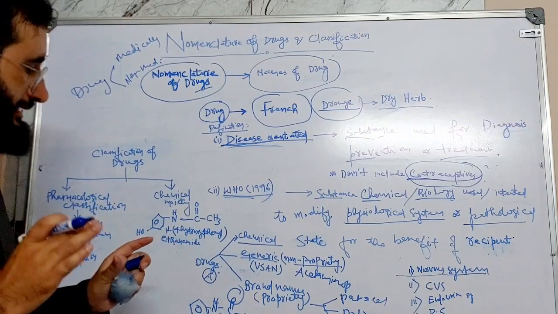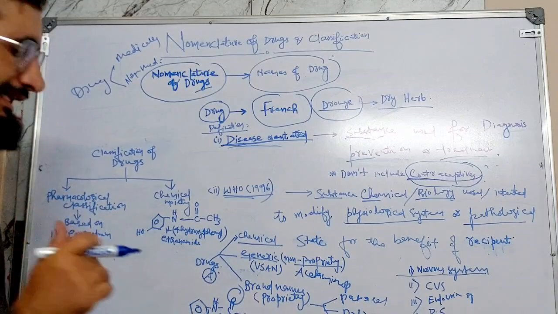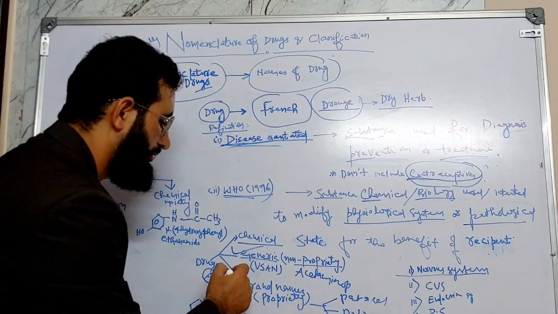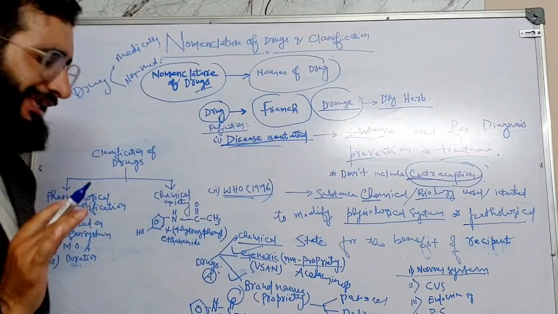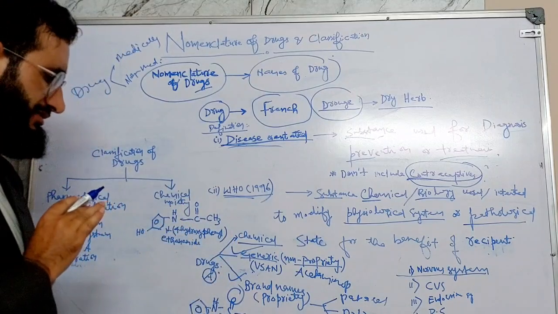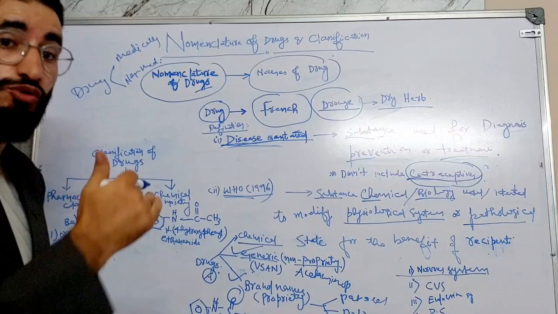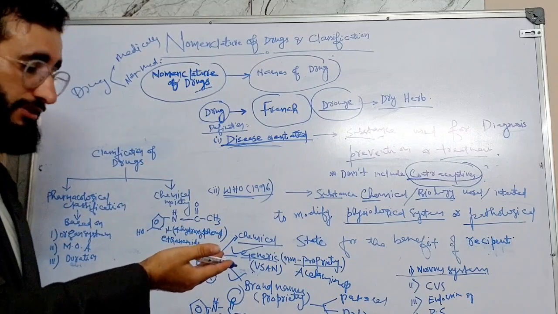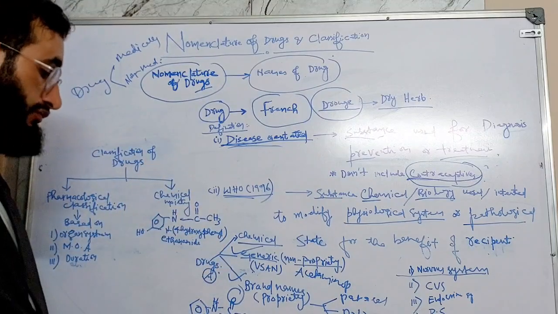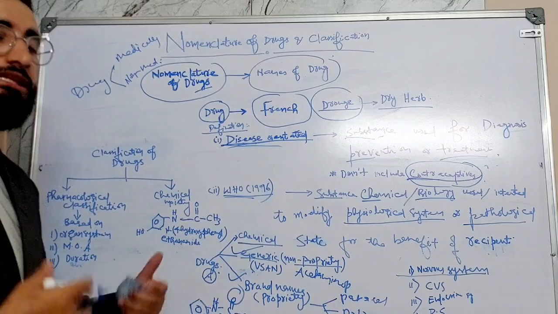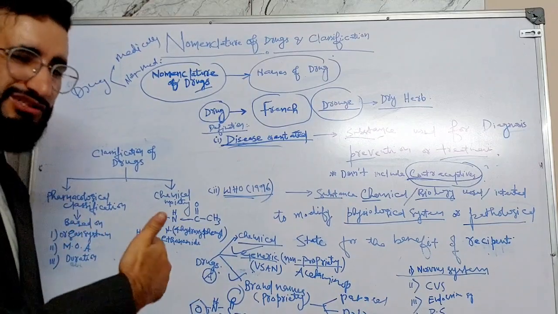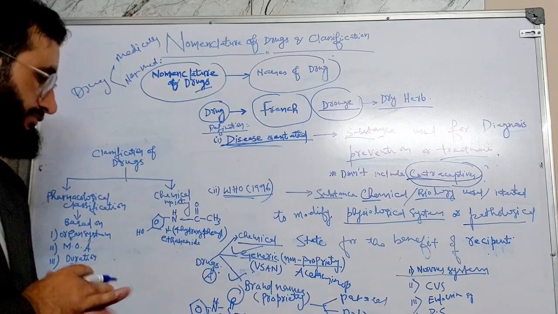See, usually in a prescription we use either the generic name or the brand name, but we do not use the chemical name. Why? Because the chemical name is somewhat difficult to write in prescriptions. For example, we cannot write the name N-(4-hydroxyphenyl)ethanamide in the prescription. It's not convenient.